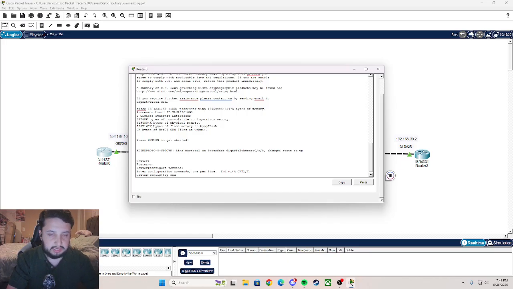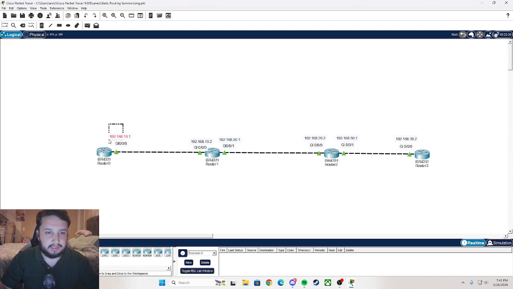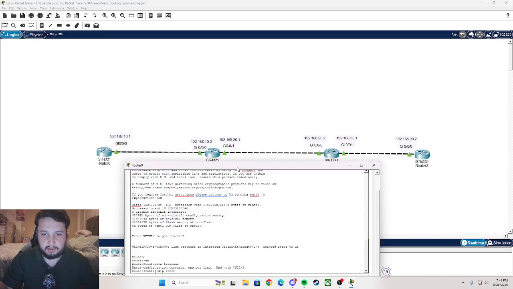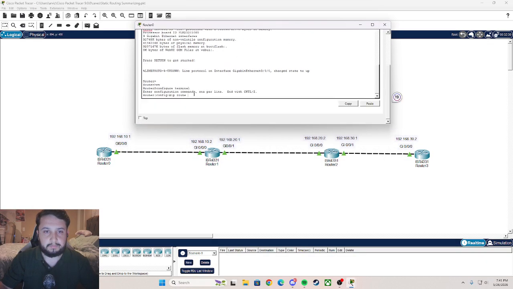The commands are kind of the same: IP route. And then this is where it differs a little bit. My destination network, the network I'm trying to reach, is just going to be these first two octets. That's what I'm going to type down: 192.168, and I would just put 0.0.